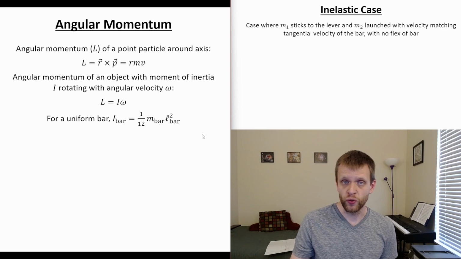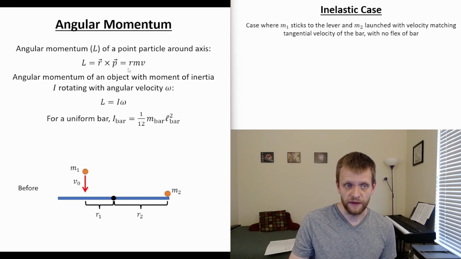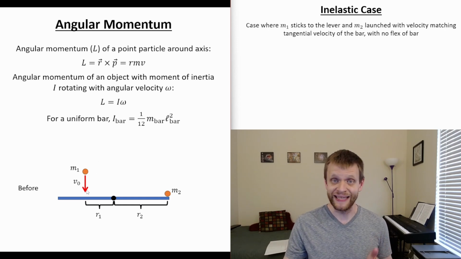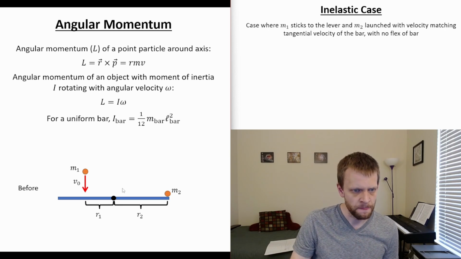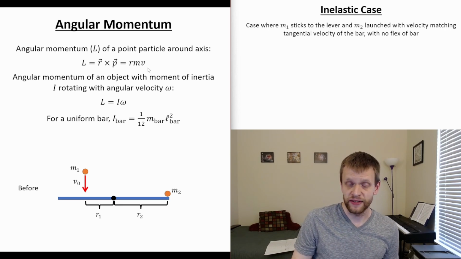Briefly, to calculate angular momentum for a single point particle, it's how far it is from the fulcrum point that we're using, times the mass, times the velocity. At least in this case, we're not worrying about it hitting at some oblique angle. So we can use that to calculate the angular momentum of the point particles.